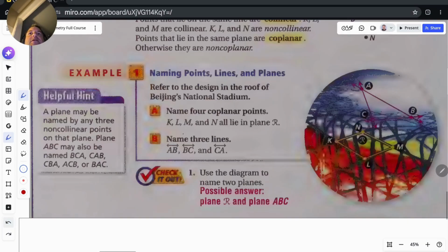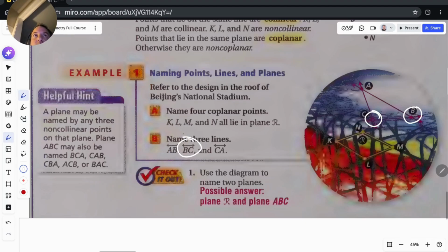All right, so let's consider that the first line goes through A and B. So we call that line AB. Written like this, as the letters AB with a small double-headed arrow on top. Now the second line goes through B and C. So it's line BC.